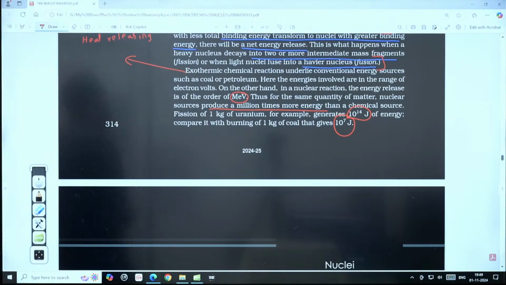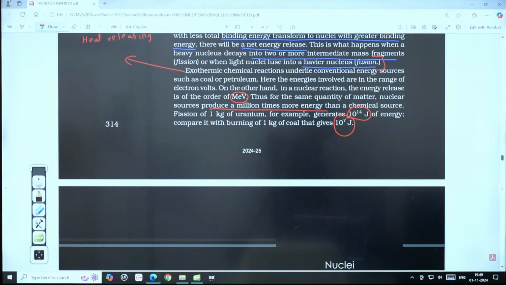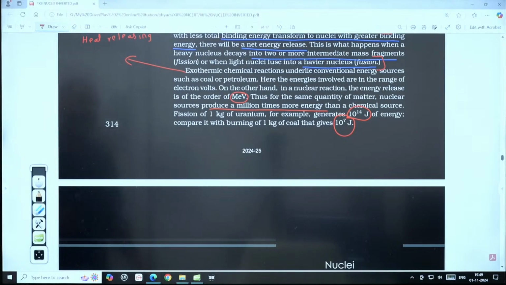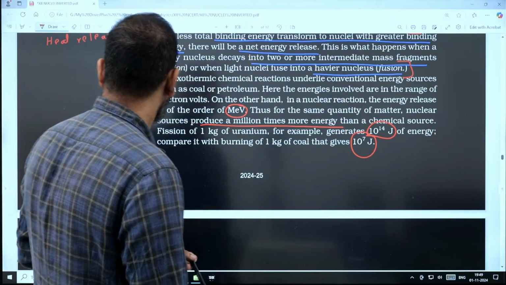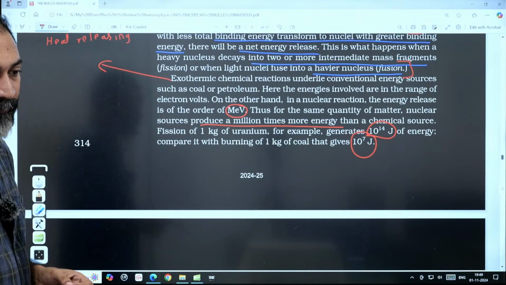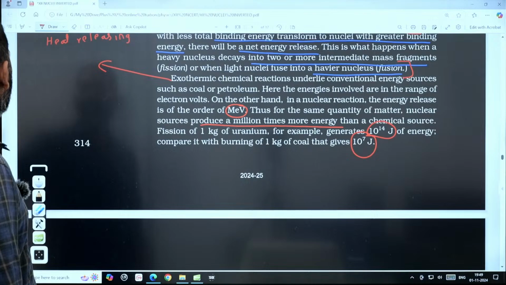Those who have not finished, please finish fast. Done. So let's continue.